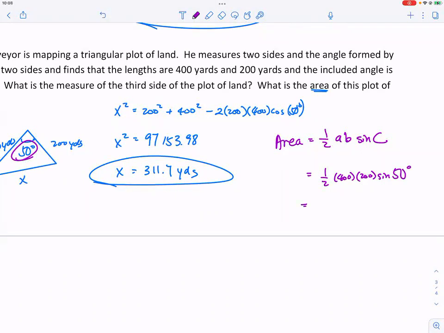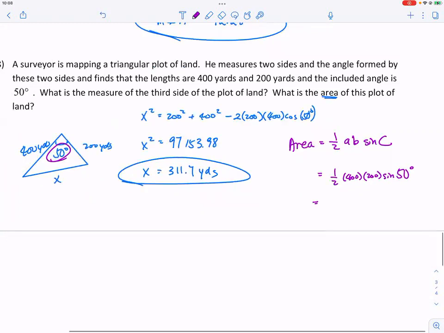Okay. So 400 times 200 divided by 2 times sine of 50. That would give you a number which is pretty big, 30,642 square yards. Okay, 1/2 AB sine C. Okay, so that's the area.